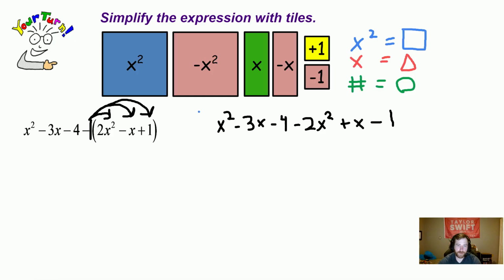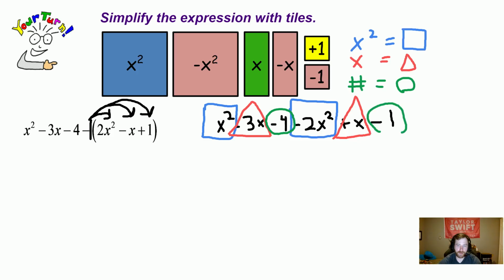So here we go. I have x squared. This is a positive x squared. I have a negative 2x squared. Then I don't have any more x squared, so I'm done with that. I'm moving on to my red triangles with my x's. So this is a negative 3x. This is a positive x. I don't have any x's left, so I'm looking at my numbers now. I have a -4 and a -1.